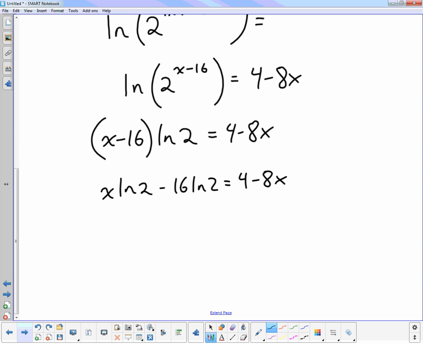Group all of your x's together. Get everything that isn't an x over to the other side. I want you to do it, not me. Add 8x to both sides. Add 16 ln of 2 to both sides. Get your x's together. Get your non-x's to the other side.